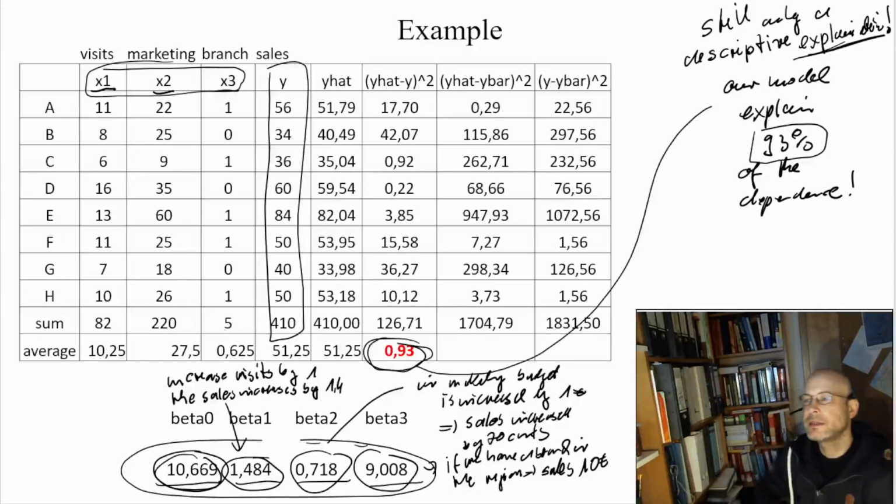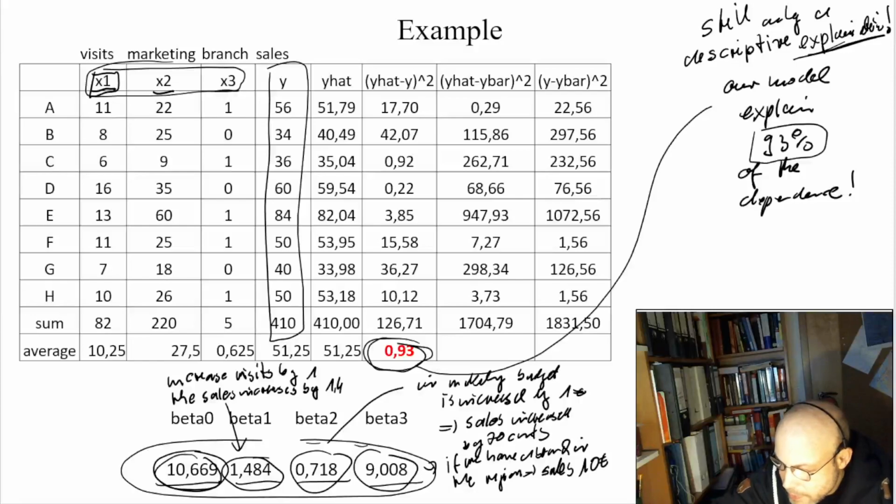So there is, of course, no causality. So we could not really say this variable x1 really causes with a specific probability the variable y.